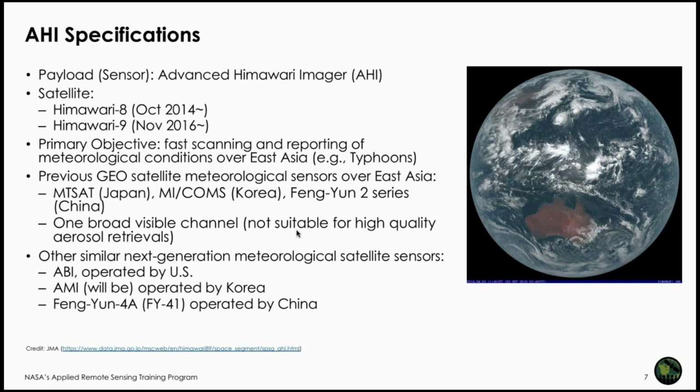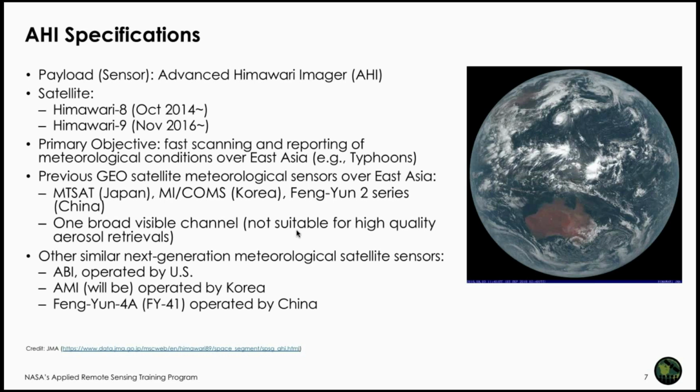There were previous meteorological geostationary sensors over East Asia, such as MTSAT by Japan, MI by Korea, or the Fengyun-2 series by China. But those had only one broad visible channel, so they are not suitable for high-quality aerosol retrievals.